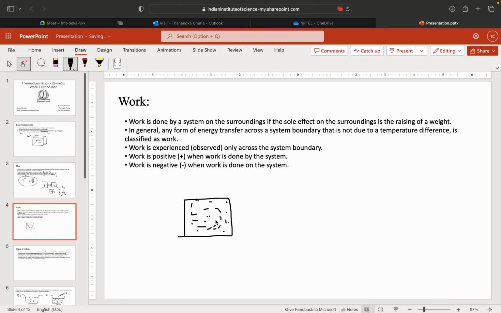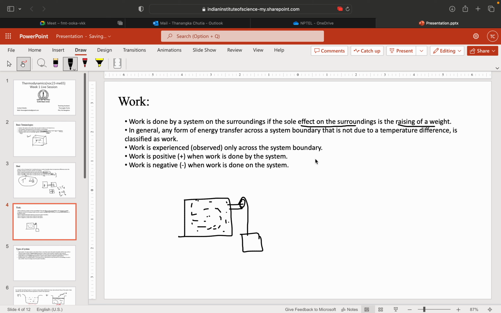Whatever effect is going on inside this system, if I can transfer it in lifting a weight of the surrounding, then this effect is called the work. That means work is done by a system on the surrounding if the sole effect on the surrounding is, or can be equivalent to, the raising of a weight.